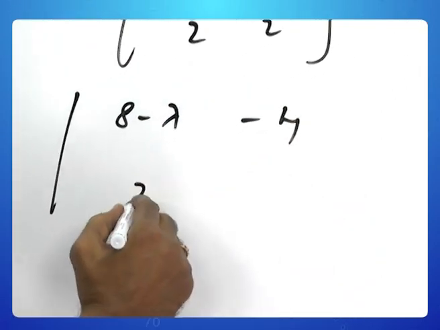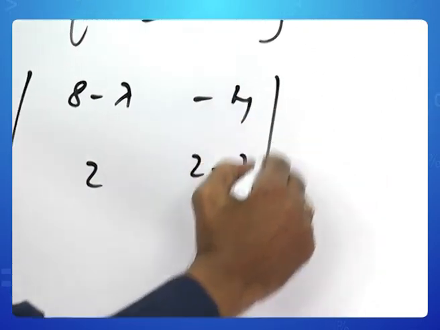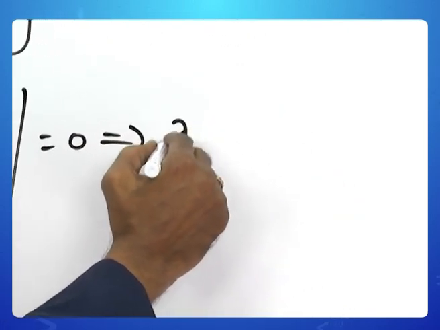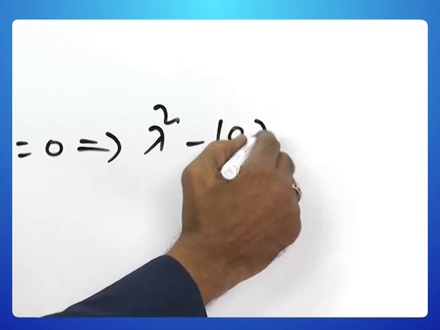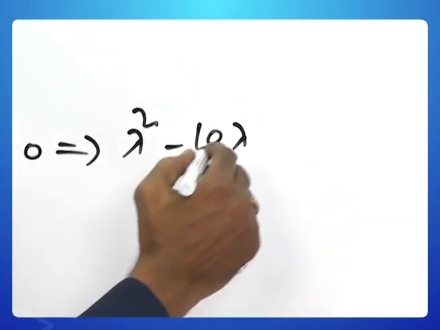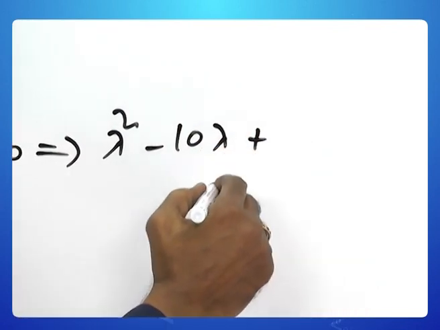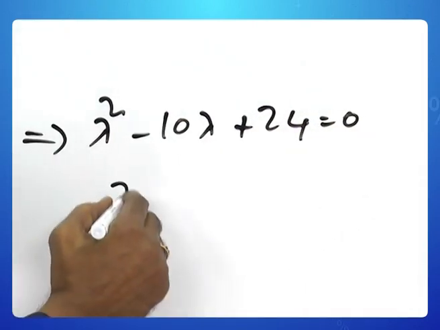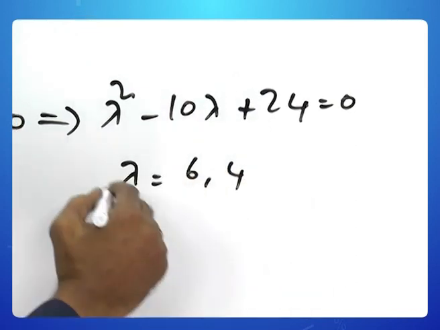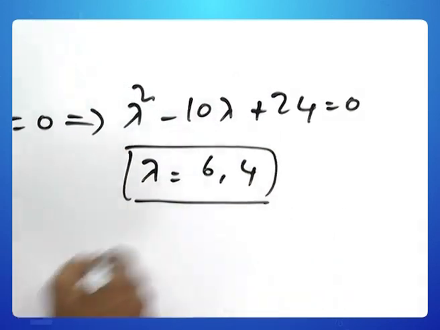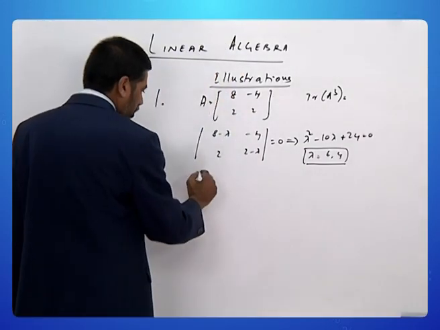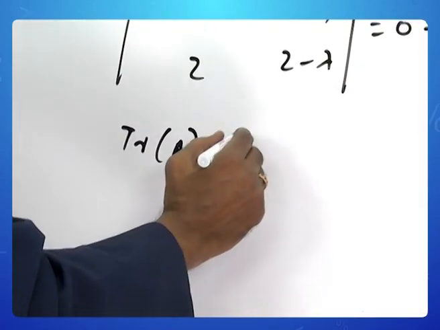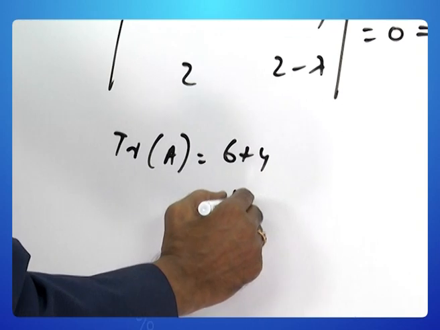So let's write the characteristic equation, which will give us lambda square minus 10 lambda plus 24 is equal to 0, giving lambda is equal to 6 or 4. So these are the eigenvalues. Now trace of A, even though it's not required, will be 10.